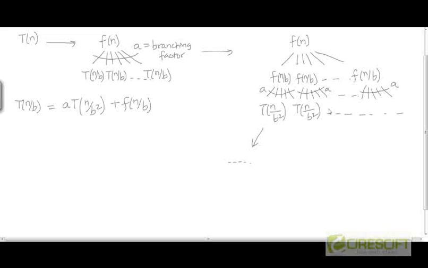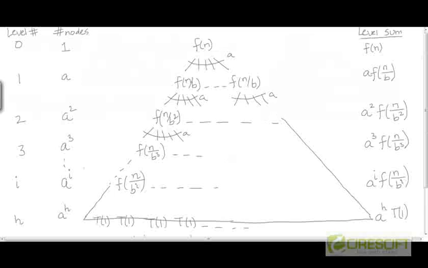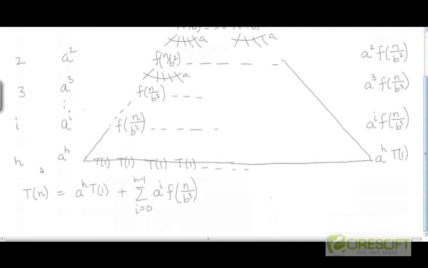When we created level 2, we had subproblems of size n by b square at level 2. So when we created level i, we would have had subproblems of size n by b to the power i at level i. And when we created level h, we would have had subproblems of size n by b to the power h at level h.